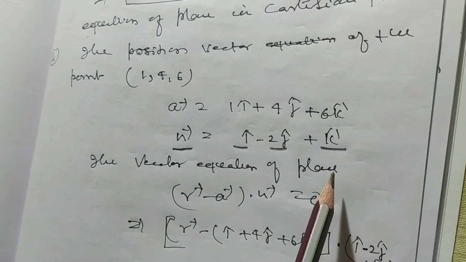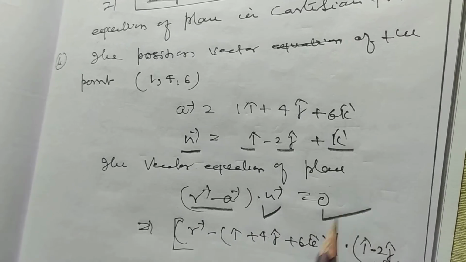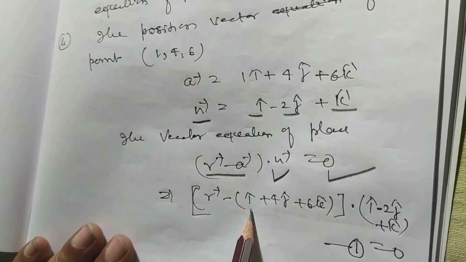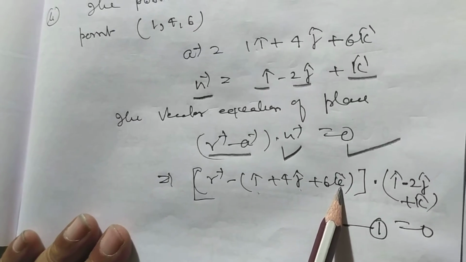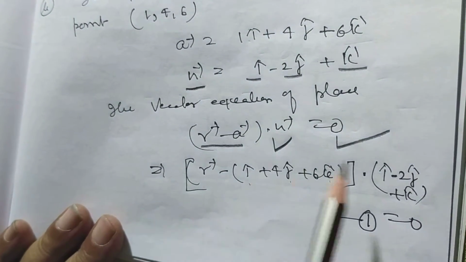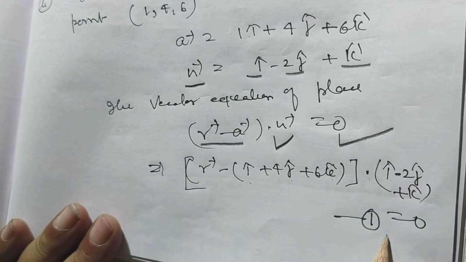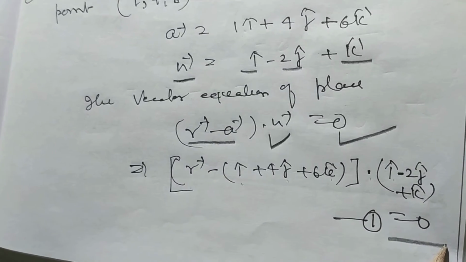Then the vector equation of plane is (vector r - vector a) dot product with vector n is equal to 0. So (vector r - (i + 4j + 6k cap)), that is vector a, dot product with (i - 2j + k cap) will be 0.